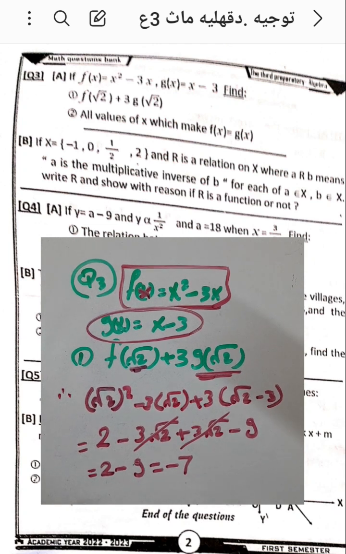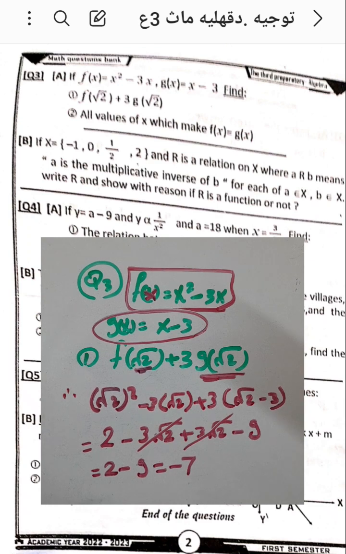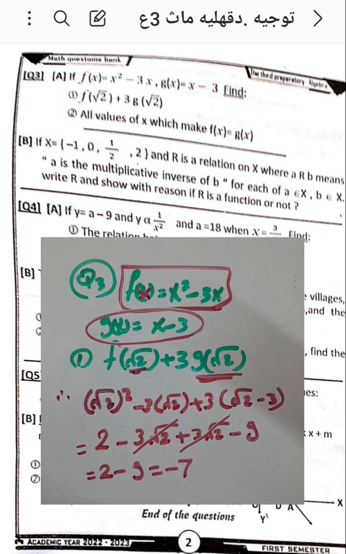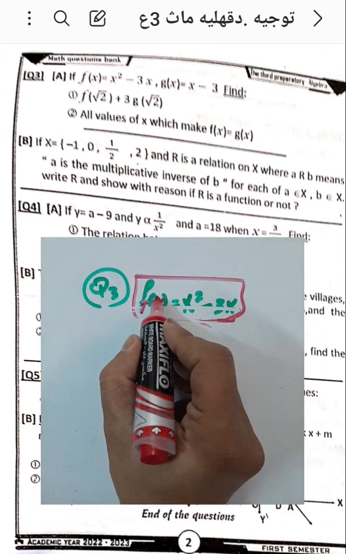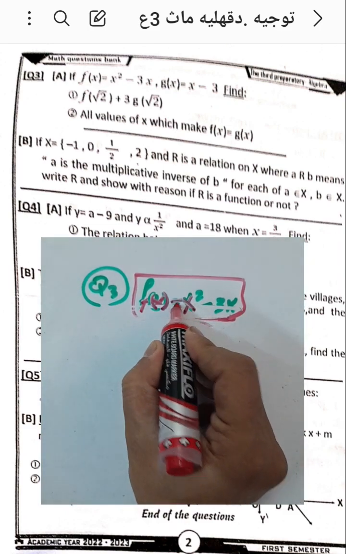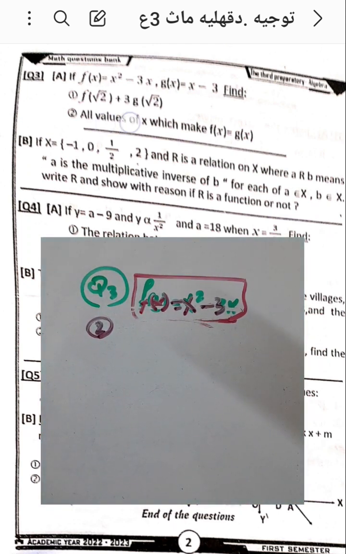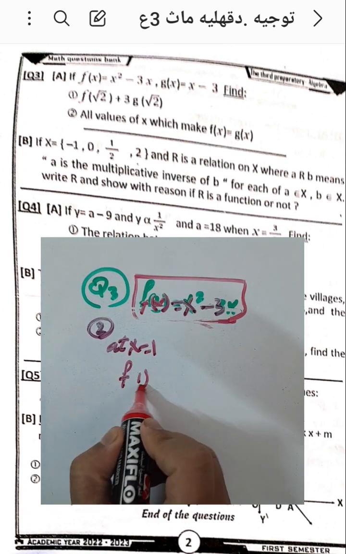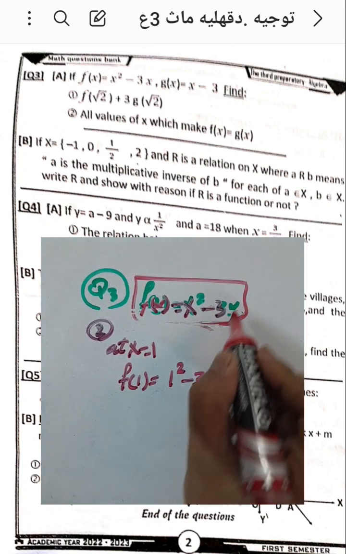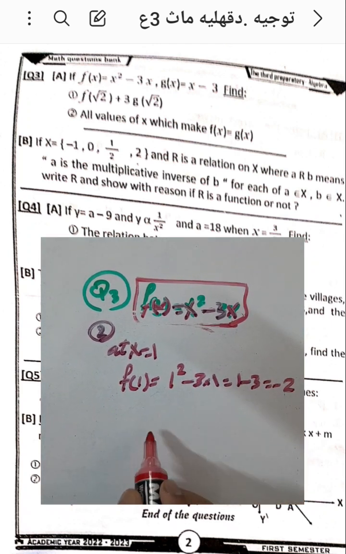Question number 2: find all values of x that make f of x equal g of x, about the first function and the second function. We have f of x equal x power 2 subtract 3x. Okay, I will solve number 2. At x equal 1, f of 1 is 1 power 2 minus 3 times 1, which will be 1 minus 3, the result will be negative 2.